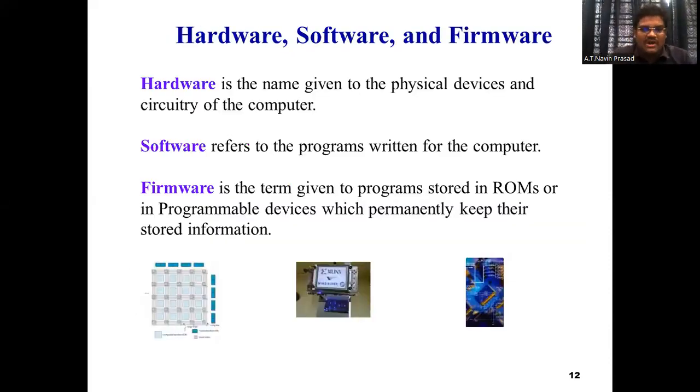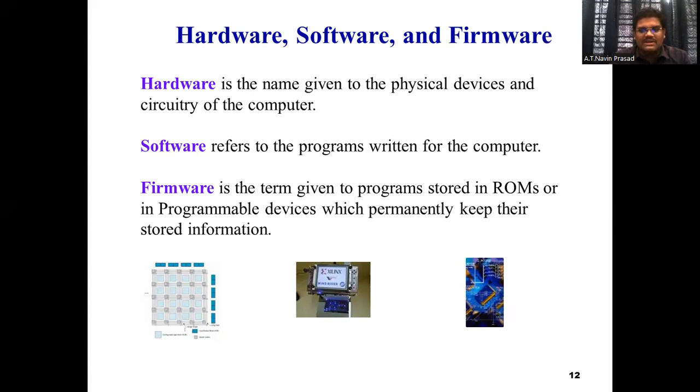So what do we mean by hardware? Hardware is the name for the physical devices used in computers, etc. Software refers to the programs given to the computer to carry out some processes. Firmware is some data stored in the computer.